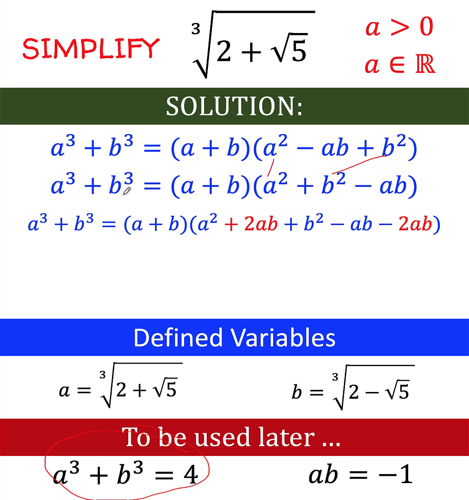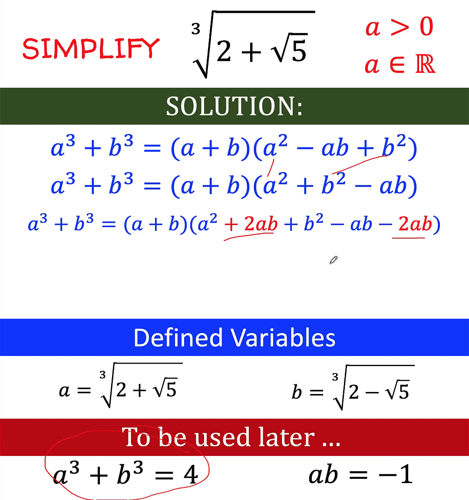Then, one technique in algebra is if you add some expression and you subtract the same expression, you are not changing the value of the quantity. What you are changing is just the form. In other words, if I add plus 2ab and I subtract minus 2ab in the same side of the equation, it's just equivalent to adding 0, and therefore the value is unchanged.